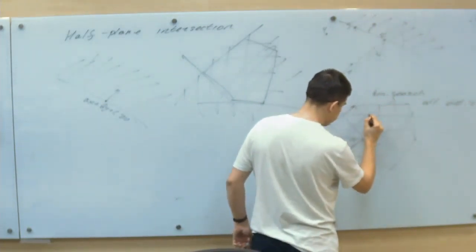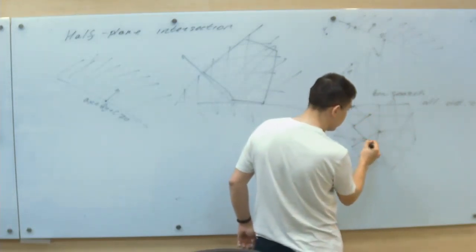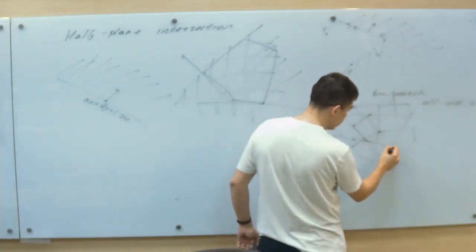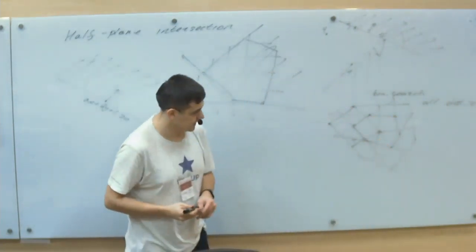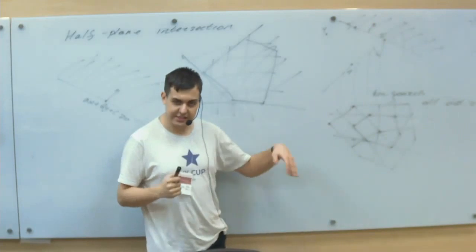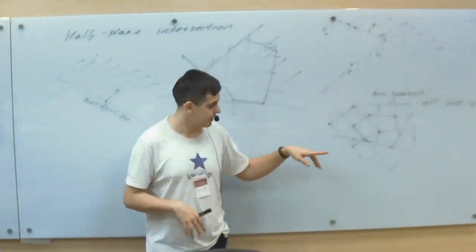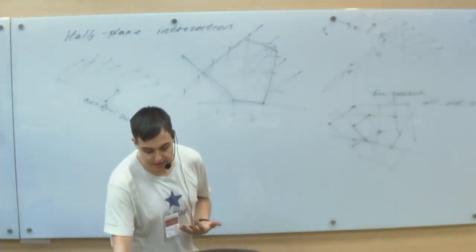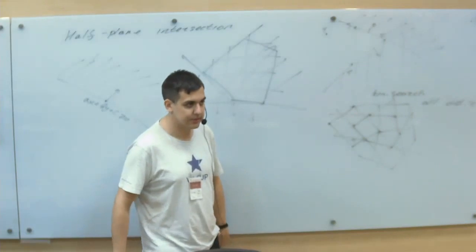And now we get some kind of new shape. So these are all points that the distance to all sides is at least x. So if it's empty, then we cannot achieve x. If it's not empty, then we can try higher x's.